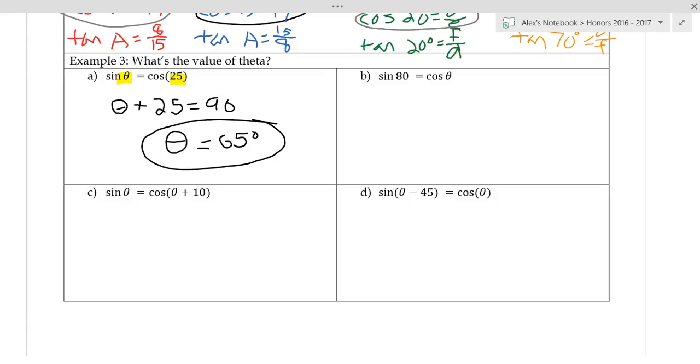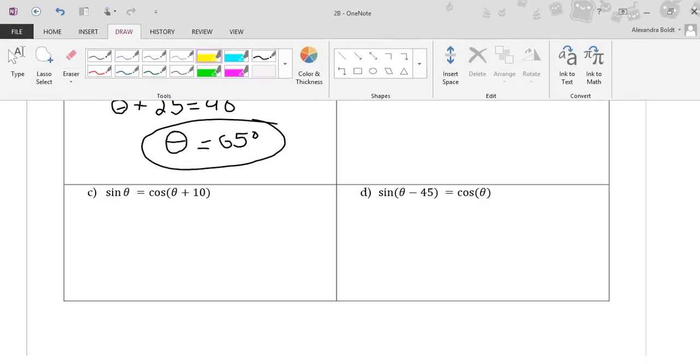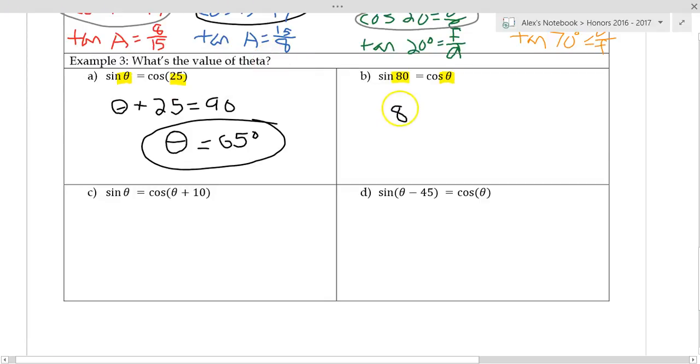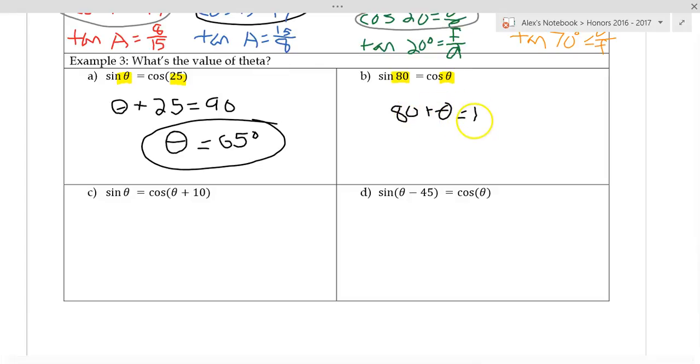Not too hard. Looking at our next one, same thing. These angles have to add up to 90. So 80 plus theta equals 90. Subtracting 80, theta is going to equal 10 degrees.